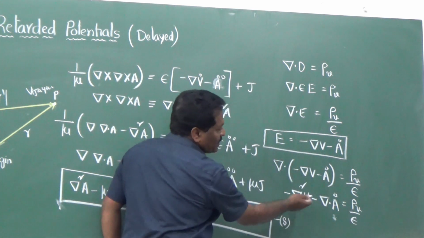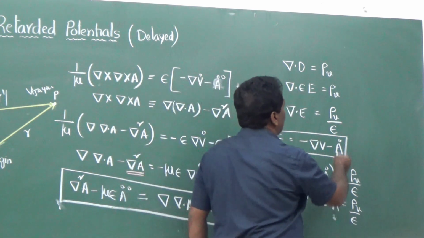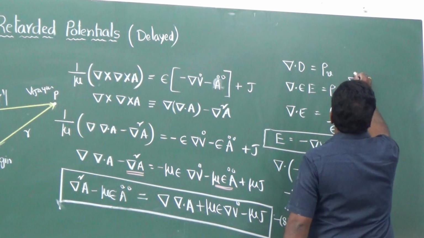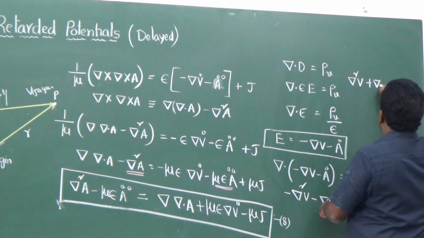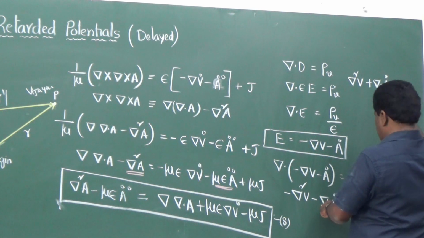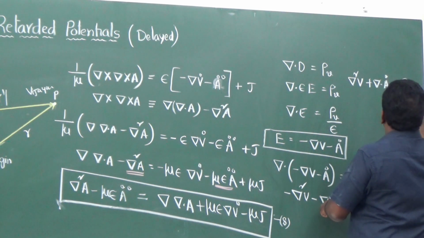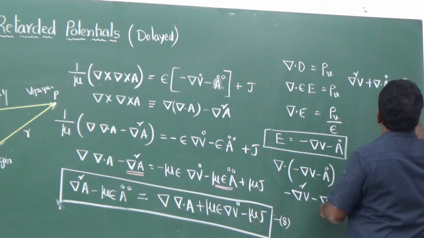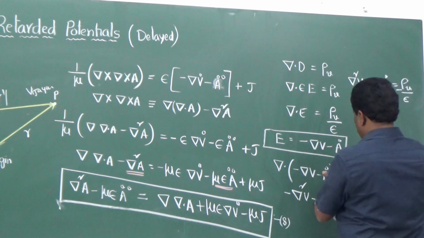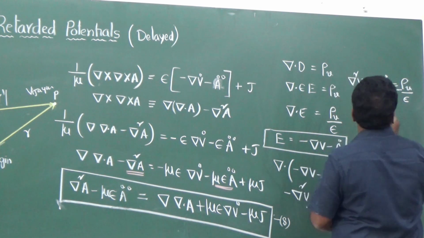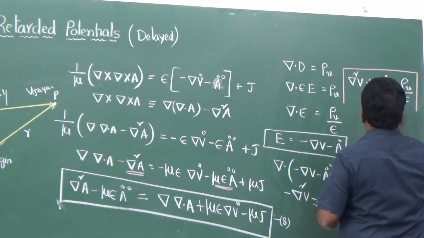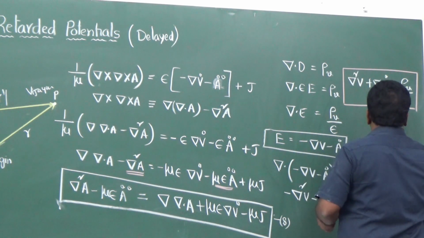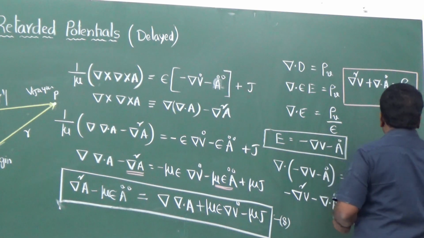You take minus common on both sides, and you get del square V plus del dot of A dot is equal to minus rho V by epsilon. This would be minus, so you are going to get the minus here. This is one more differential equation we got, which will be numbered as 9. This is the 9th equation.